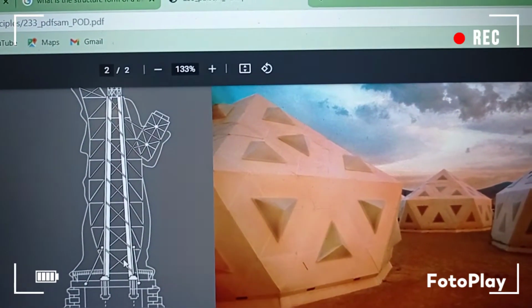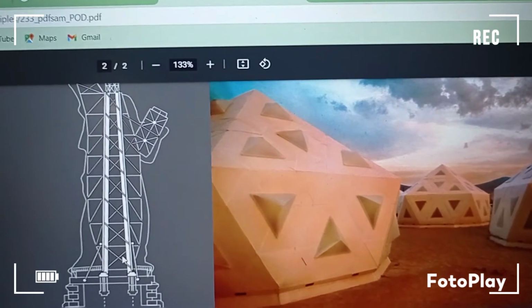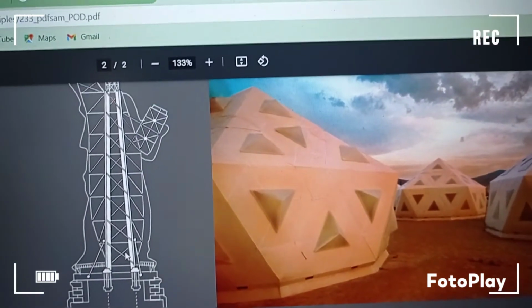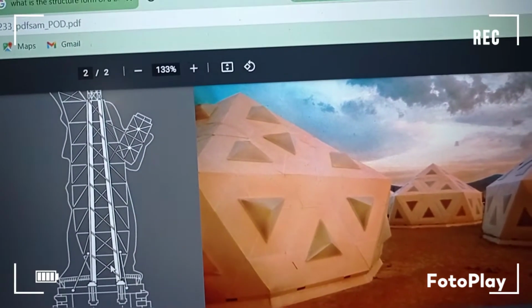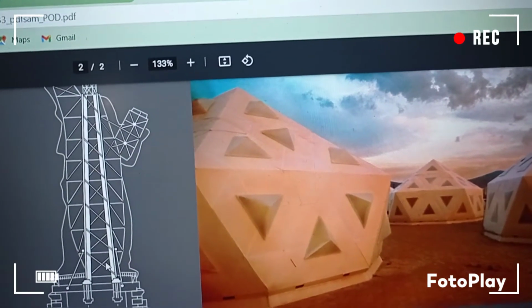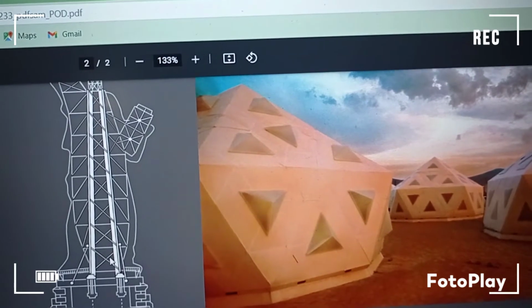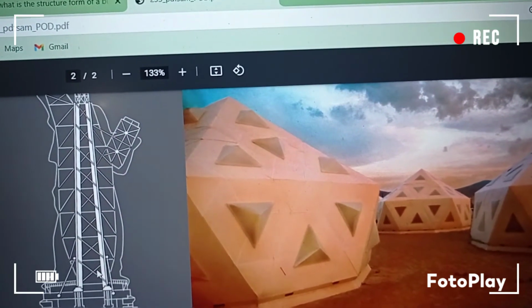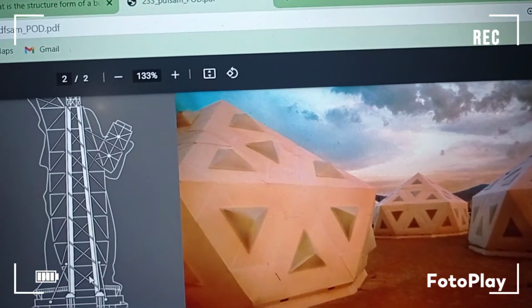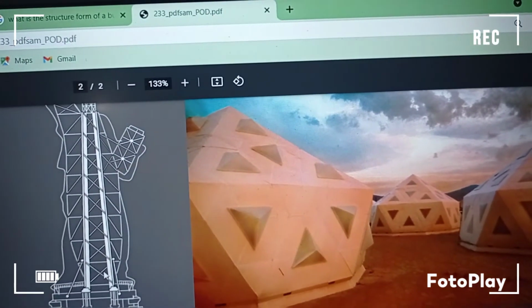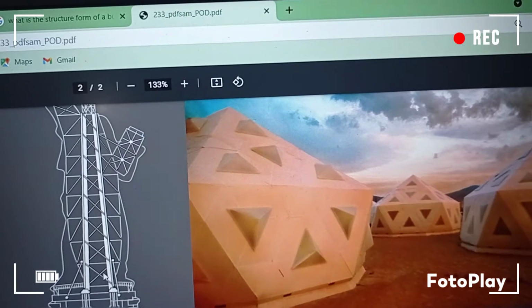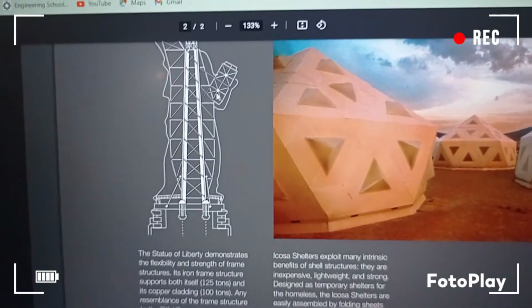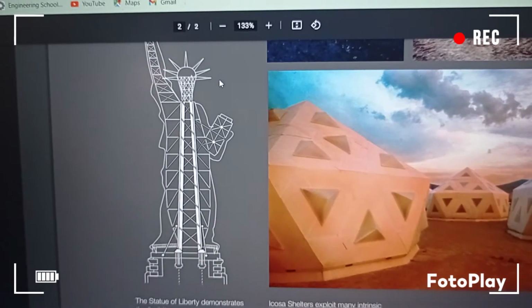Its iron frame structure supports itself, which is around 125 tons, and its copper cladding is 100 tons. Any resemblance of the frame structure to the Eiffel Tower is more than a coincidence, as the designer for both structures was Gustave Eiffel. So there is an example for structural form.